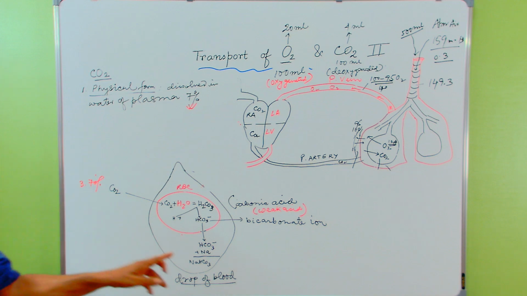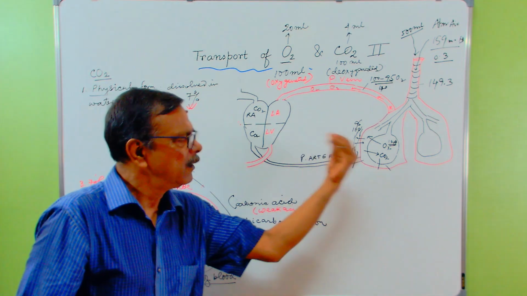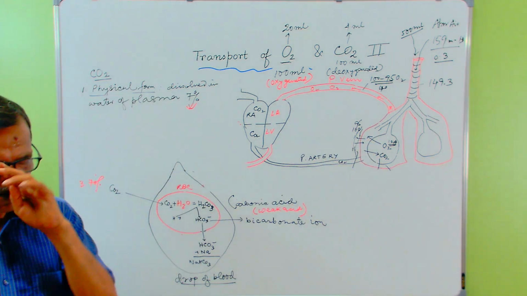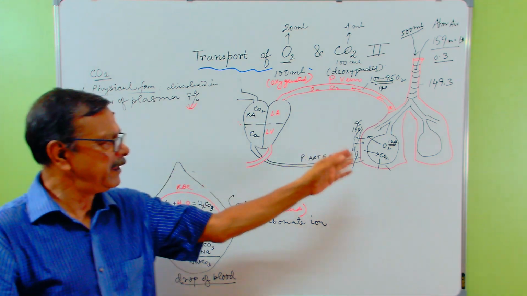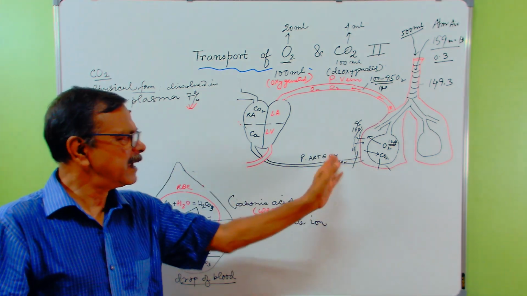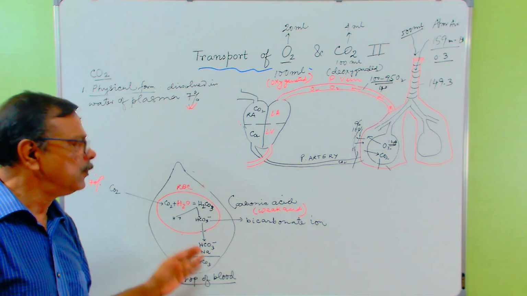And this bicarbonate ion goes out in the form of CO2. Of course, there will be a reaction that enables the CO2 to go out.